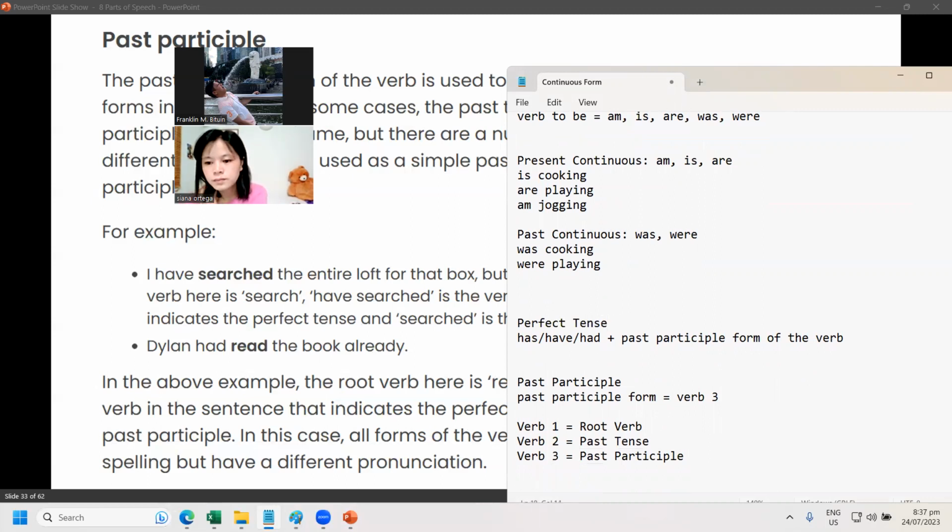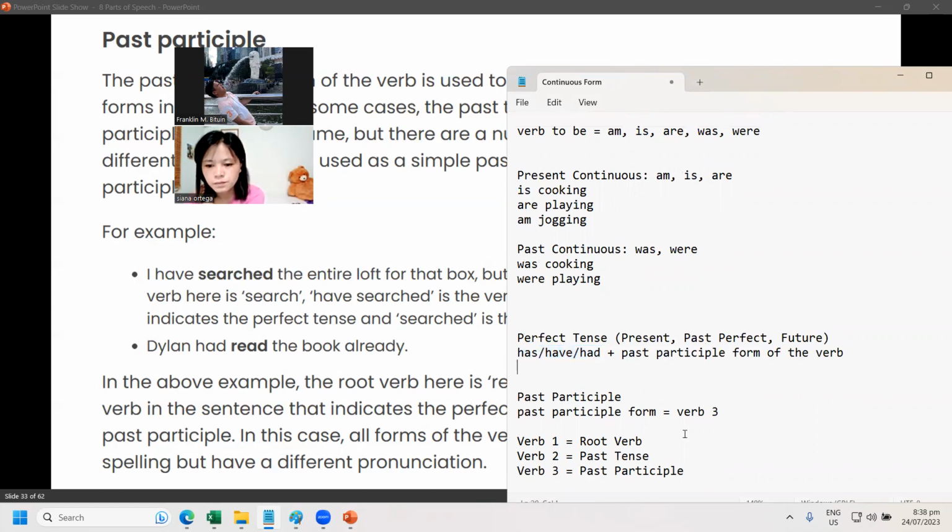If you're using the perfect tense, you will use has, have, or had. So we have present perfect, of course, where you will use has, have. Past perfect. And you will have the future perfect, using will have. But this one is for the present and past perfect.